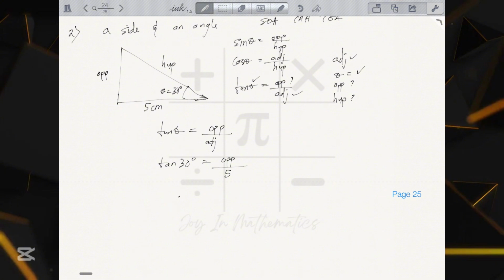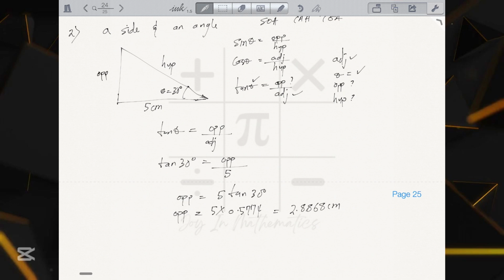Therefore, if you cross multiply, the opposite will be 5 tan 30 degrees. Tan 30 is equal to 0.5774. So this is 5 multiplied by tan 30, and this would give us 2.8868 centimeters.